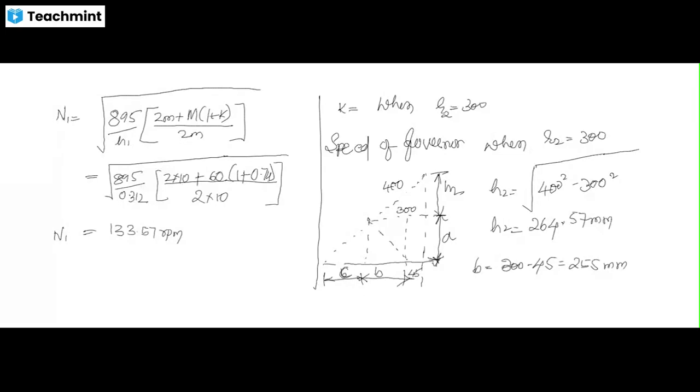B is 300 minus 45. Now let us calculate theta and beta. To find beta, you need A. A equals the square root of 400 square minus 255 square.